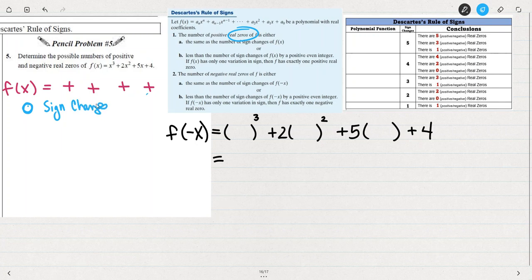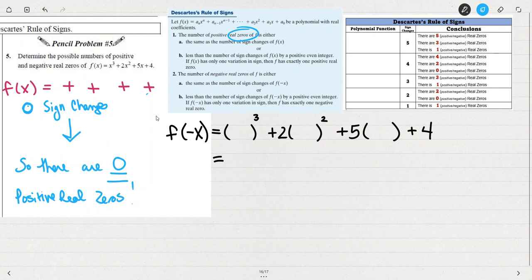If there are 0 sign changes, there are no positive real zeros. Let's check to see how many negative real zeros there are.